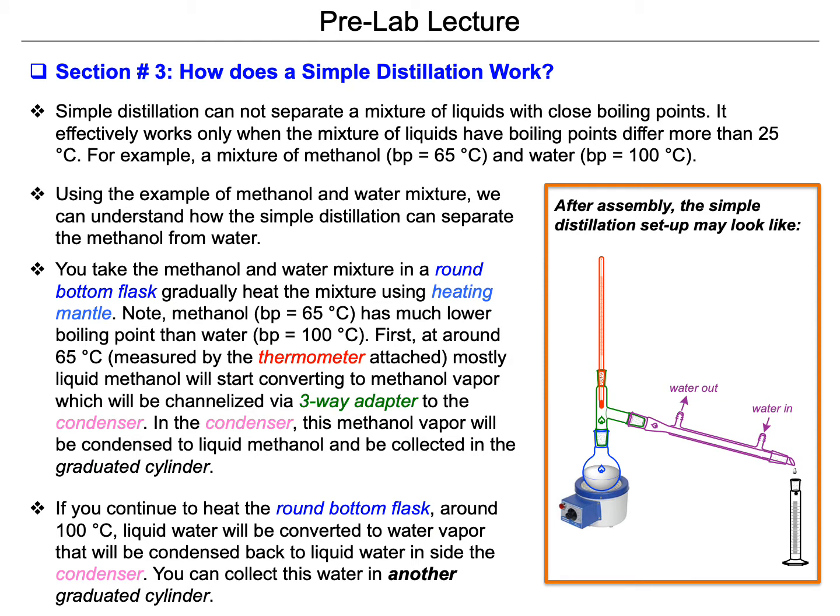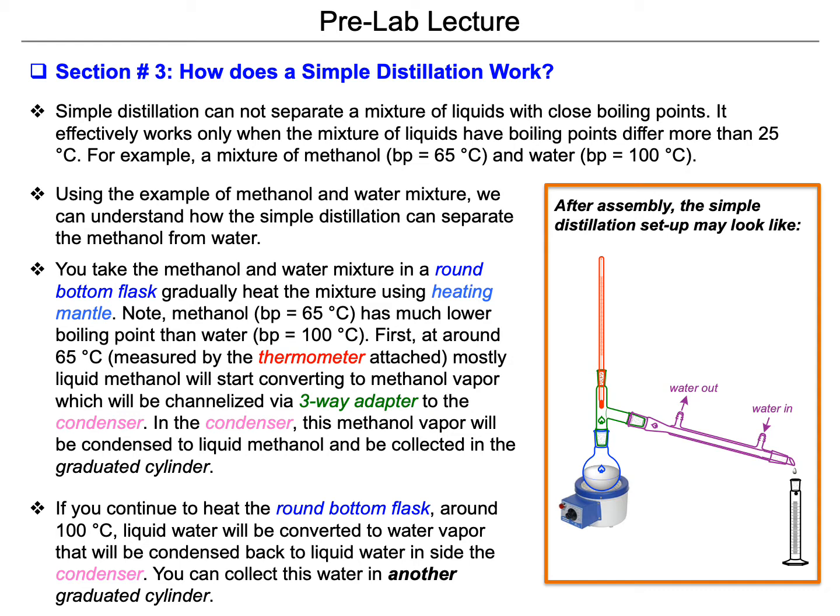So simple distillation cannot separate a mixture of liquids with close boiling points. We need at least 25 degrees Celsius difference between boiling points. If they have close boiling points, they cannot be separated. We again obtain a mixture of them.